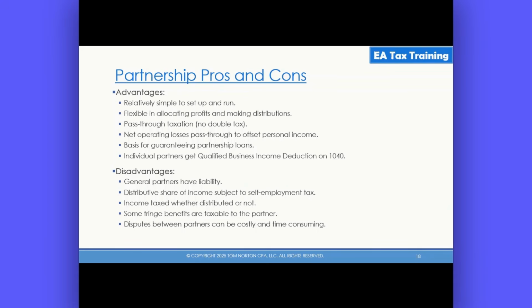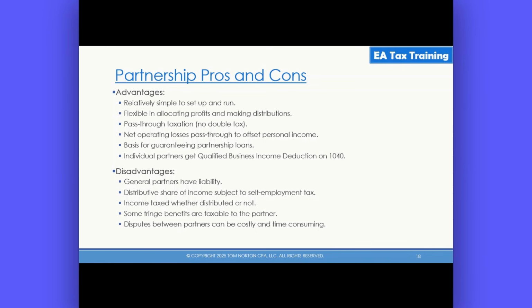So, what are the pros and cons of being a partnership? Well, the advantages are it is relatively simple to set up and run, it is flexible in allocating profits and making distributions. So, oftentimes, when you've got two or more owners of a business, they try to decide should we be a partnership or should we be an S corporation?